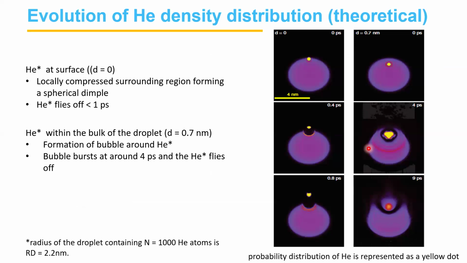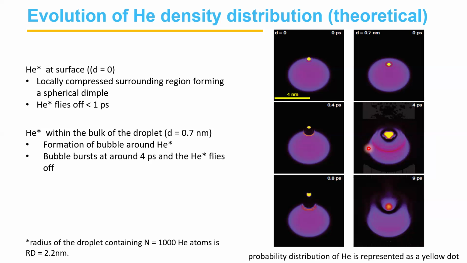In this plot, you can see the helium density distribution, shown in terms of the yellow dot. This is the nanodroplet containing almost around 1,000 helium atoms and having a radius of 2.2 nanometer.